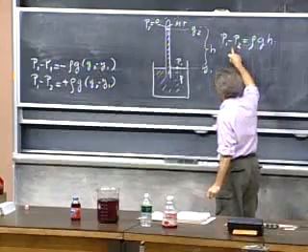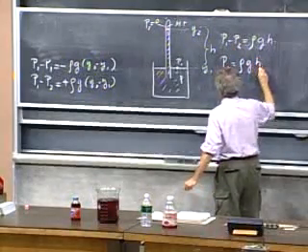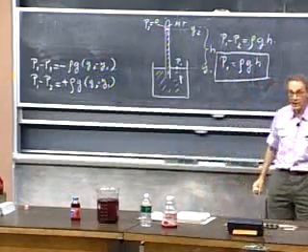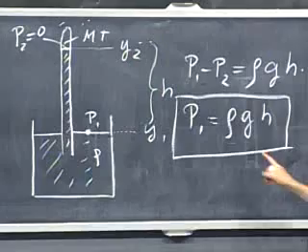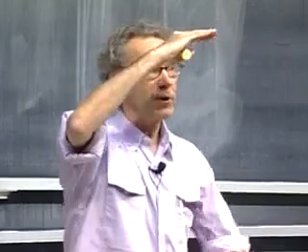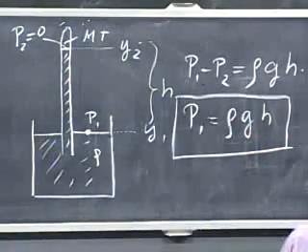But P2 is 0. So P1 equals rho g h. And that is the barometric pressure. So all I have to do is take a liquid, know the density of the liquid, measure how far I have to pull that hose up before the liquid breaks loose, and then I know what the barometric pressure is.